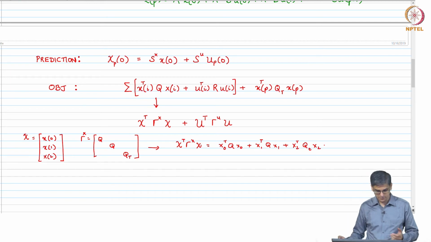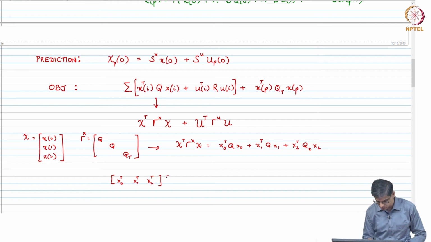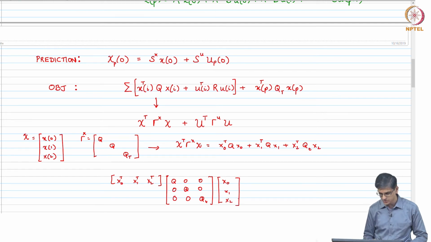If you want to see how it works, it is basically going to be x0 transpose, x1 transpose, x2 transpose, the X transpose part, multiplied by Q 0 0, 0 Q 0, 0 0 QT, multiplied by x0, x1, x2. This guy is 1 by n, and these are n by n.